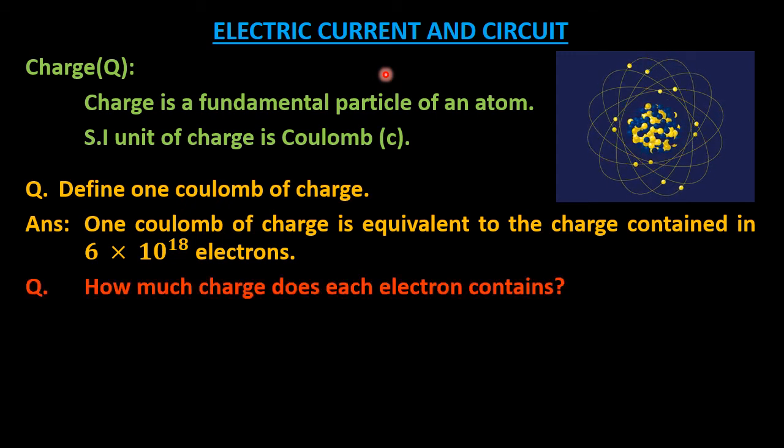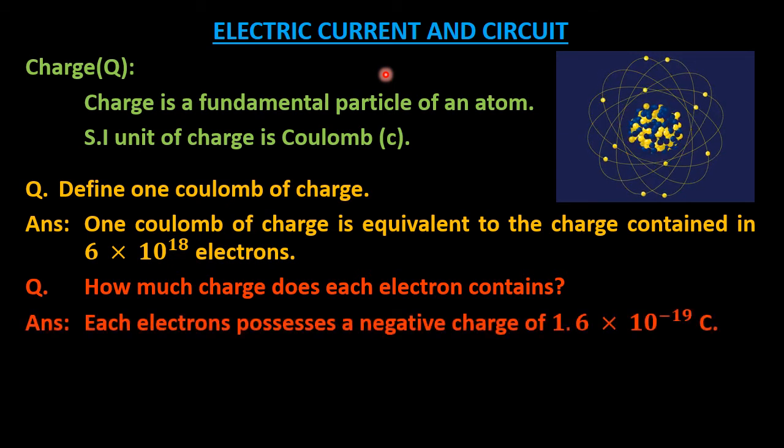Now the next question is, how much charge does each electron contain? Each electron possesses a negative charge of 1.6 into 10 to the power minus 19 coulomb. So in 1 coulomb of charge, the number of electrons is 6 into 10 to the power 18, and in 1 electron, the charge it contains is 1.6 into 10 to the power minus 19 coulomb.